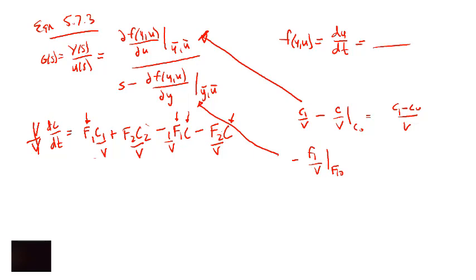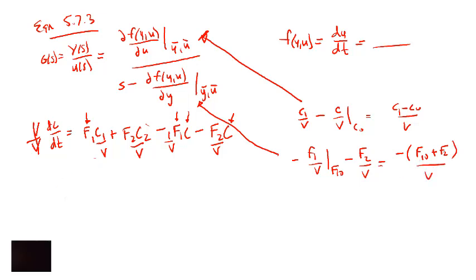And the last term, the derivative with respect to the output, is minus F2 over V. So this is going to be minus, in the parentheses, F10 plus F2, all over V.